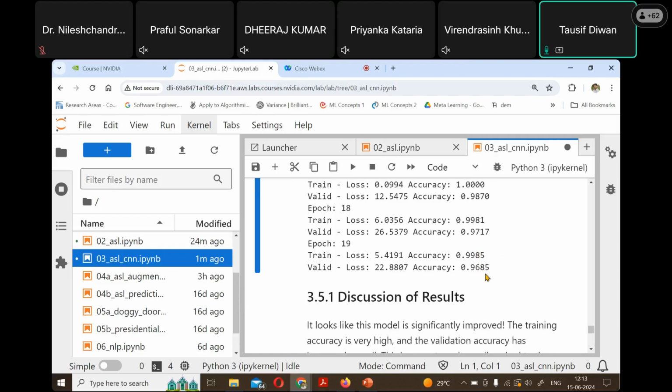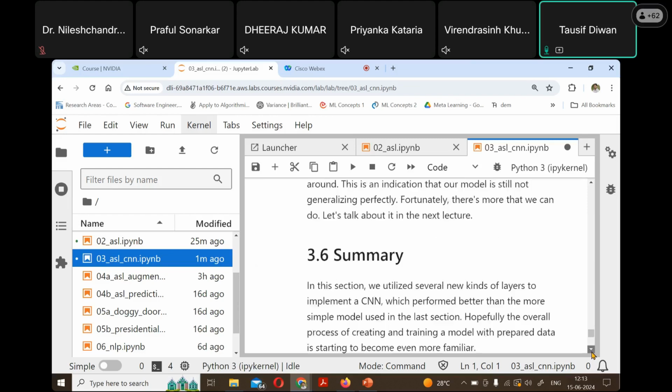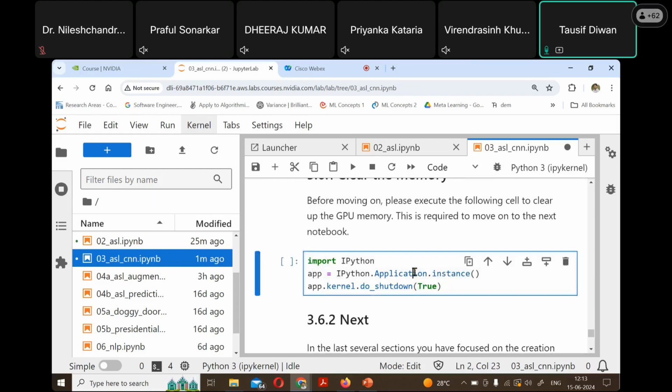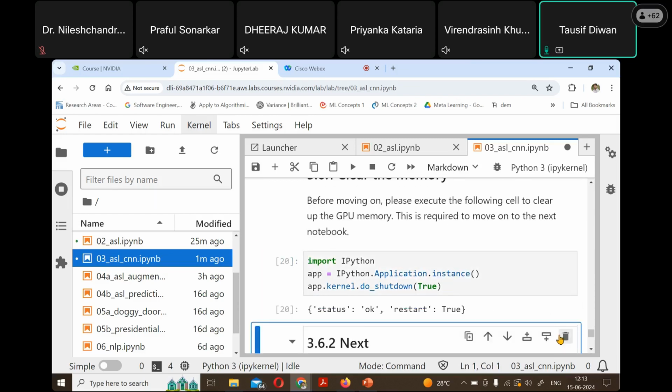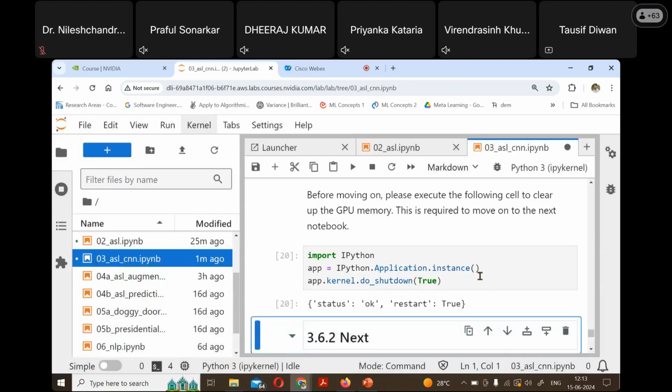CNN is a very efficient model as compared to a deep neural network. It is trained with a lesser number of parameters in comparison with deep neural networks. Okay, so this was the CNN. Now just clear the GPU memory. Fine.